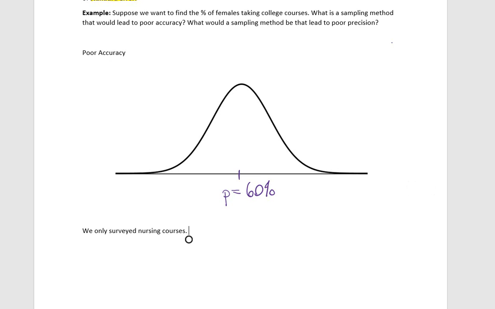So if we only surveyed nursing courses, let's say that one nursing course we looked at, this would be my sample, had about 80% female, and I did this over and over and over, and my survey kept having around 80% females. Some of them would have more females, some of them would have fewer. What would happen is that if I drew a histogram, a distribution relating to my sampling survey, all my samples would be greater than the population, which would make it biased.